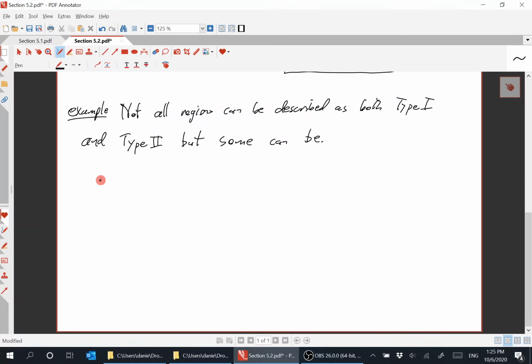So let's take a look at this region here. This is the function y equals x squared from 0, 0 to 1, 1. So this is x equal to 1, y equal to 1, and we're looking at this region here.